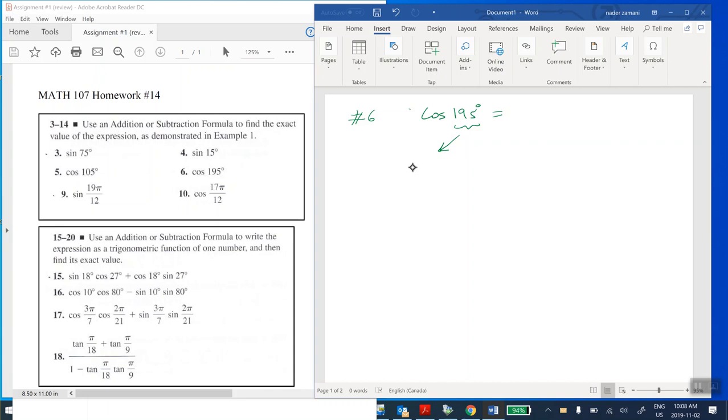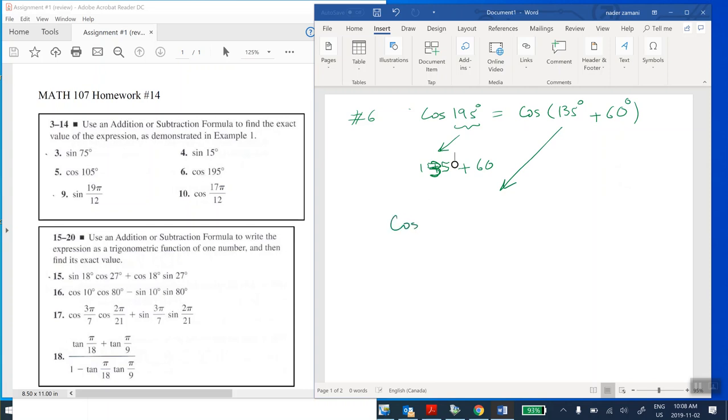For example, this one I can write as, let's say, 145 plus 135. Sorry, that's 135 plus 60. Yep, that's a good idea. So you have cosine of 135 plus 60. Okay. There may be different ways of doing these problems, but that's how I'm going to do that.